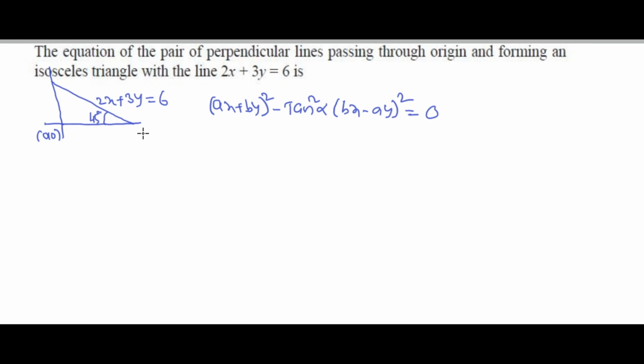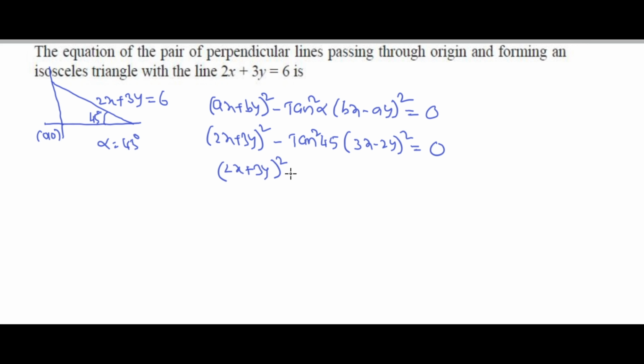So substituting alpha is equal to 45 degrees in the given equation, that is 2x plus 3y whole square minus tan square 45 into 3x minus 2y whole square is equal to 0. Here tan 45 is 1, tan square 45 is also 1, that is 2x plus 3y whole square minus 3x minus 2y whole square is equal to 0.